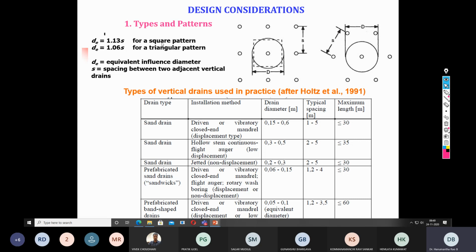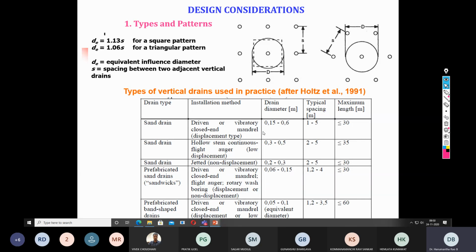In case of the square pattern, the diameter of the zone of influence can be related to the spacing as dE equals 1.13 times S. And for the triangular pattern, the diameter of the zone of influence is 1.06 times S.